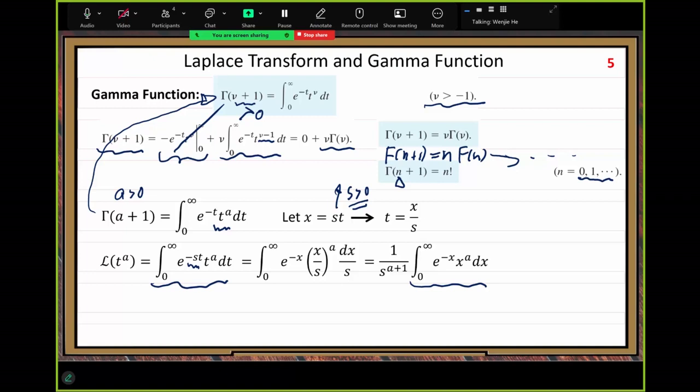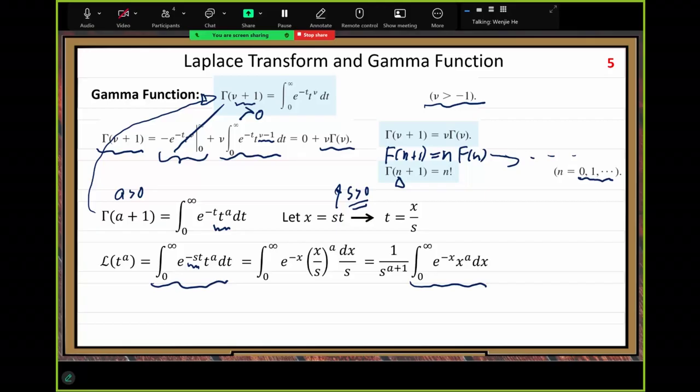Now you view this integral. What's that expression? Although here we use x, it is a dummy variable. If you replace x by t, it's the same.